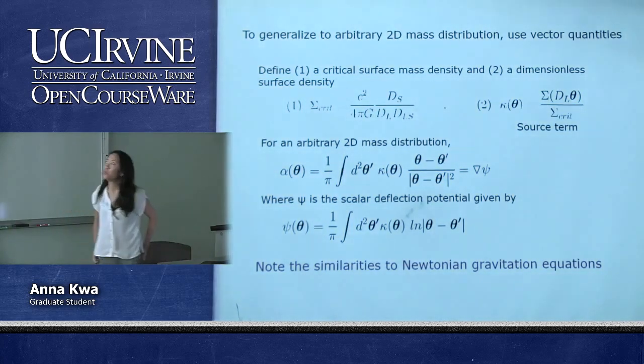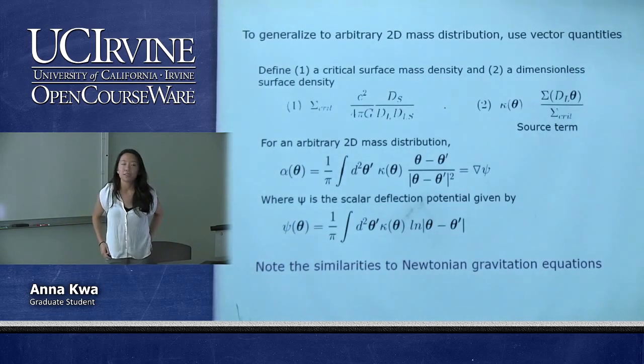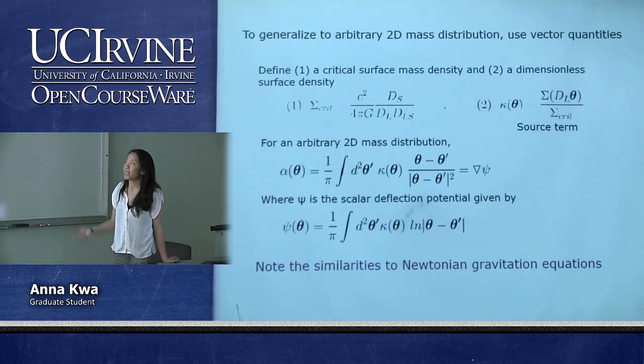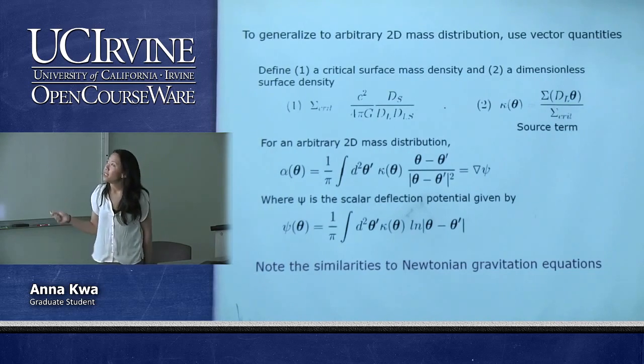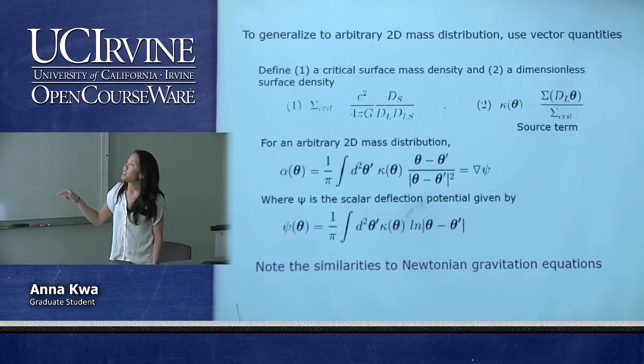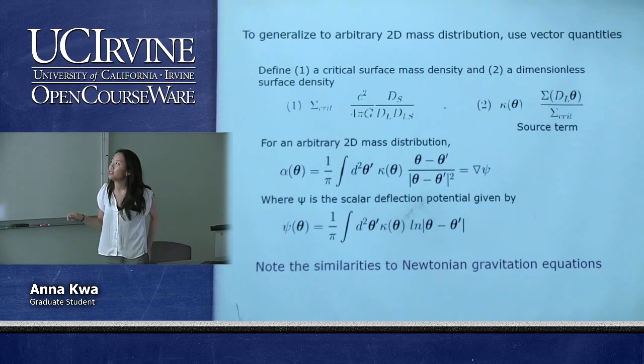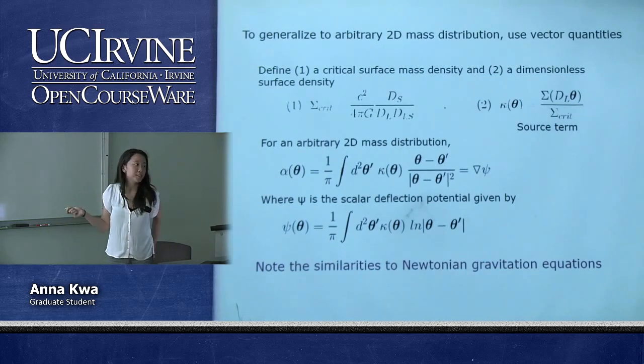So if you don't just have point sources, obviously lens galaxies are non-trivial two-dimensional mass distributions. So just replace beta and alpha and theta with vectors, and you can define a critical surface mass density, sigma critical. And using that, you can write a dimensionless surface density that describes your lens.